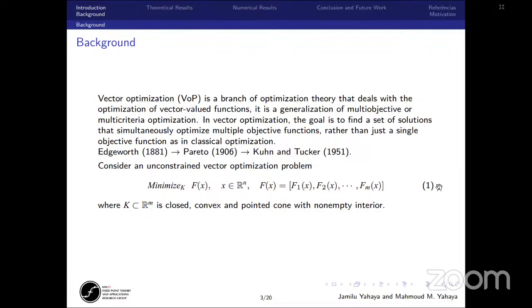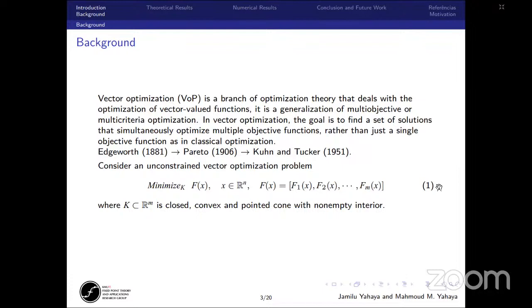In general, there is no solution x for which we can optimize all of F of x. One alternative, which a researcher called Pareto came up with in 1906, is the concept of what people call Pareto optimality. Instead of satisfying the classical optimality condition, we try to satisfy Pareto optimality.